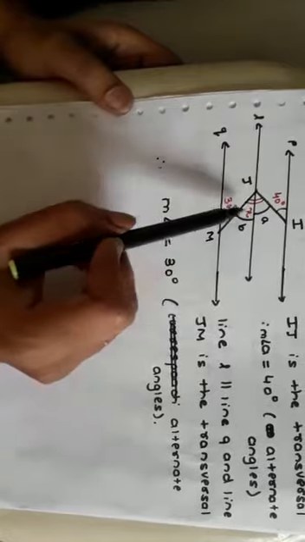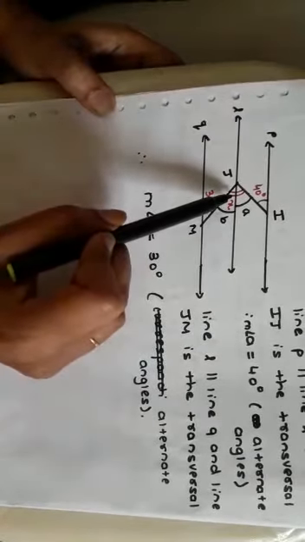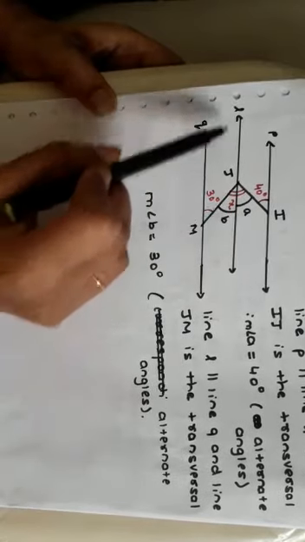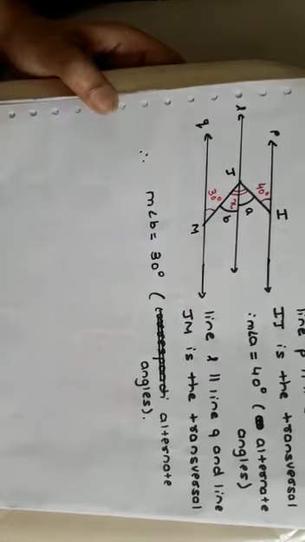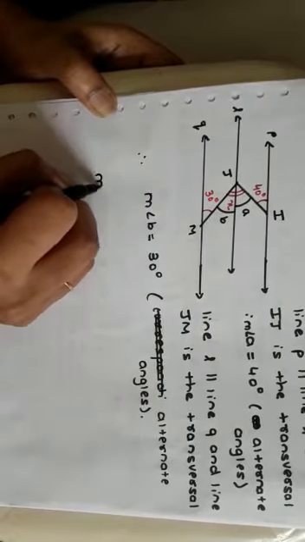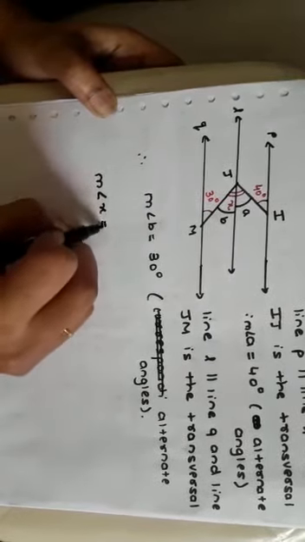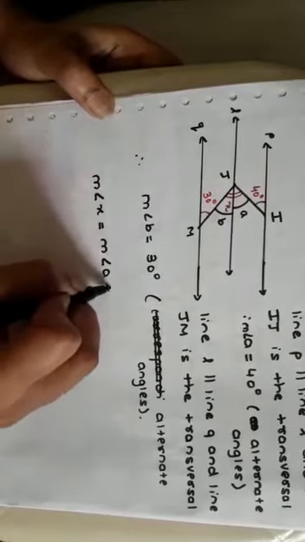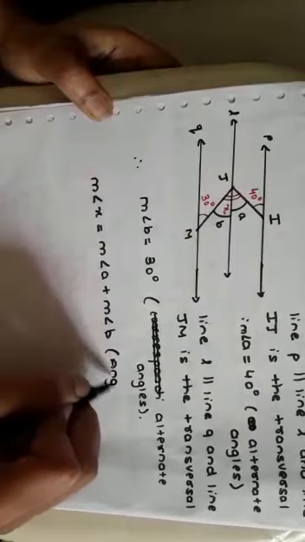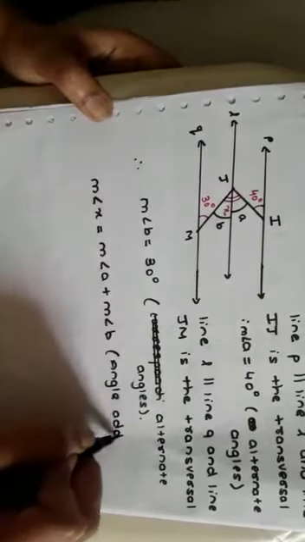Now angle X is divided into angle A and angle B by the line L. So here we can use angle addition property. Measure angle X is equal to measure angle A plus measure angle B. The reason is angle addition property.